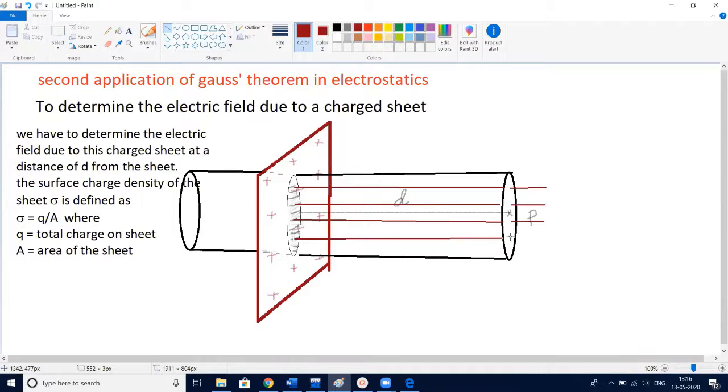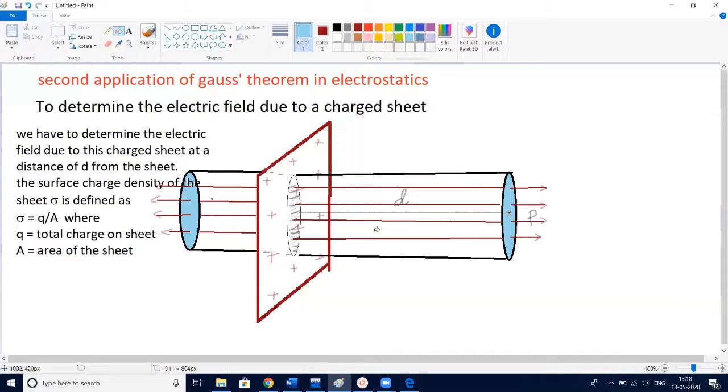So electric field will be like this, directed outward from the charged sheet. Similarly, on the other side also it will be directed outward. The electric field lines coming out from the charged sheet will only cross this surface and this surface. It will not cross the curved surface area.